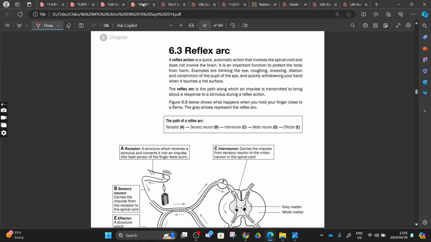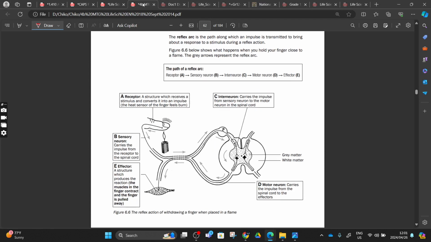From there, we did a reflex arc. With our reflex arc, we know that it starts with our receptor, followed by our sensory neuron, followed by our interneuron inside the central nervous system, and then followed by our motor neuron, and then followed by our effector, right? Same thing here. We can use any stimuli that we want. We can use a pin, we can use light, we can use a hammer, we can use anything that can exert pain here, right?